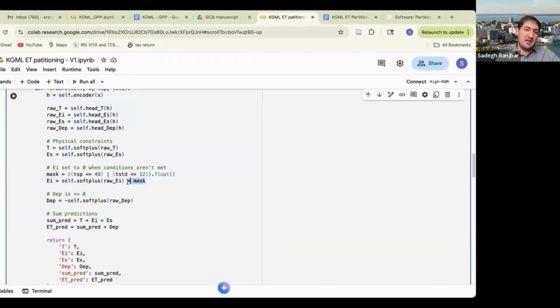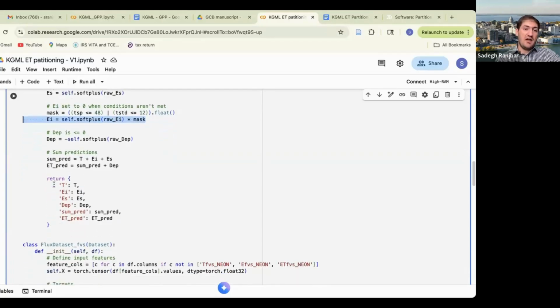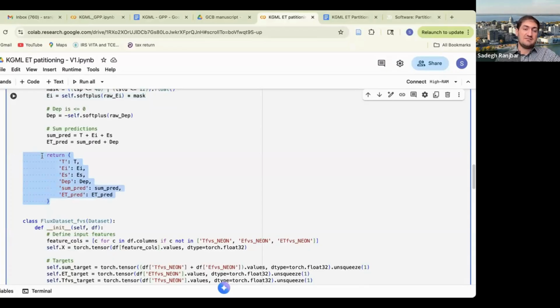So we use this mask to define our intercepted evaporation. And then we have the return of this function that returns our output.